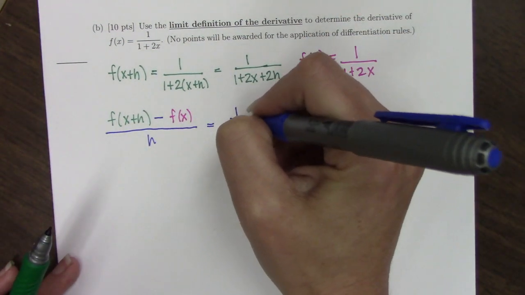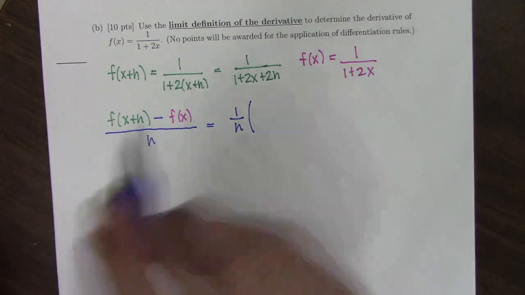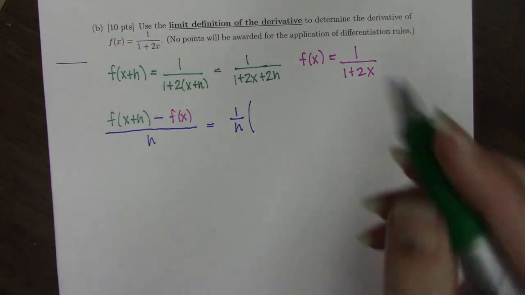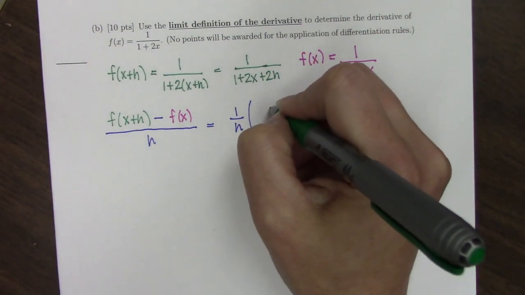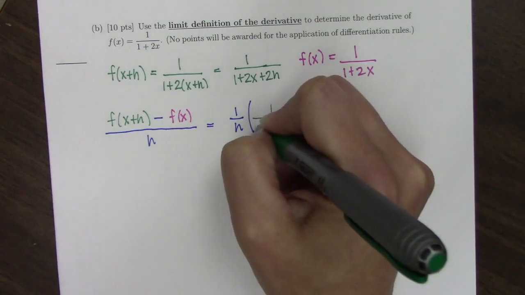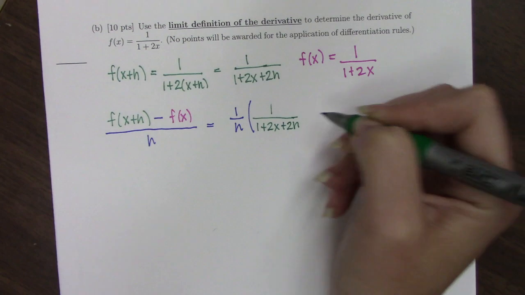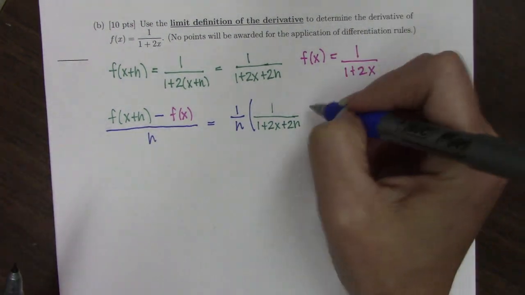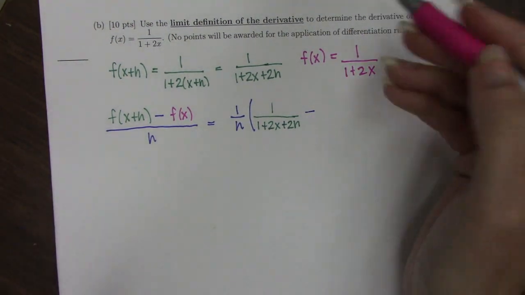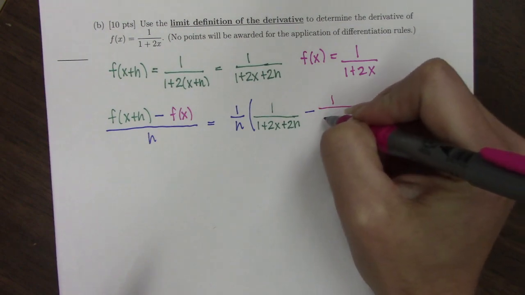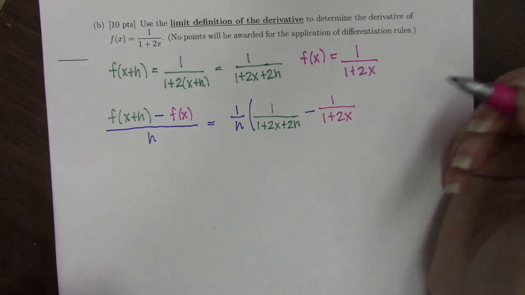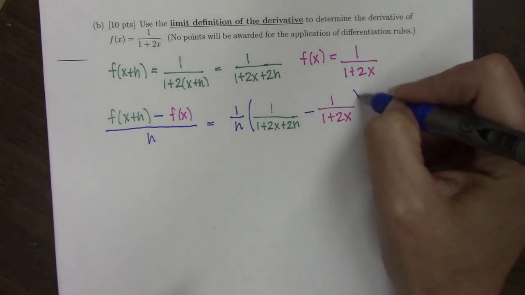This will save you a little bit of paper and space. So f of x plus h is 1 over 1 plus 2x plus 2h minus our second rational expression of 1 over 1 plus 2x.